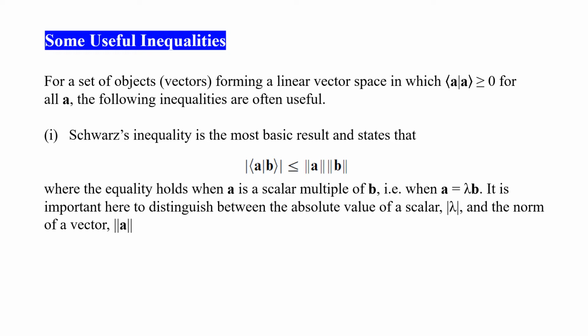First, we have our Schwarz inequality, which is the basic result and states that the magnitude of your bra A ket B, or the magnitude of your inner product, is less than or equal to the norm of A times the norm of B. The equality holds when A is a scalar multiple of B, that is, A is equal to lambda B. It is important here to distinguish between the absolute value of a scalar lambda and the norm of your vector A.